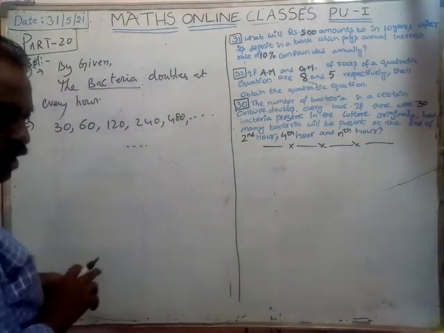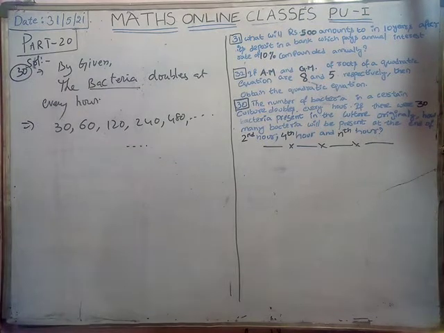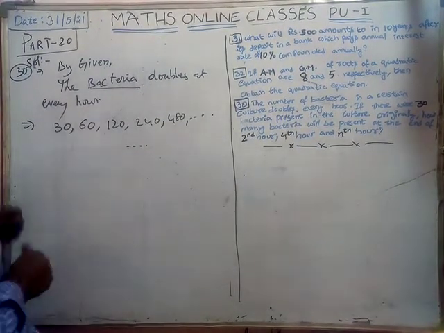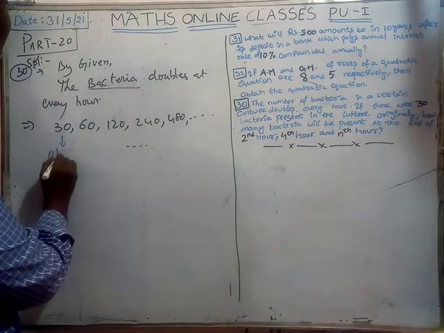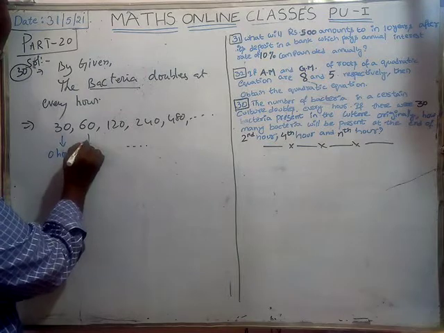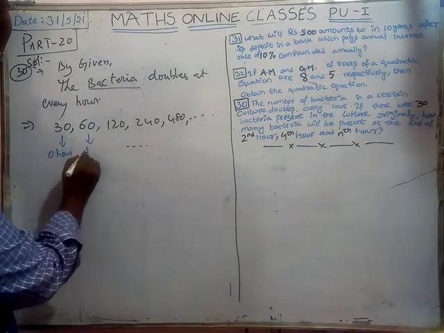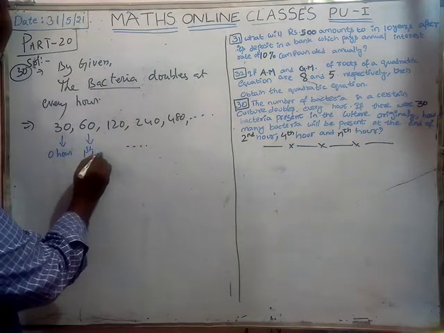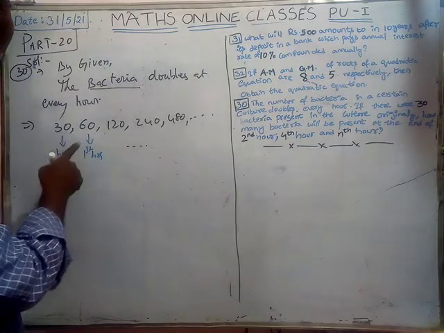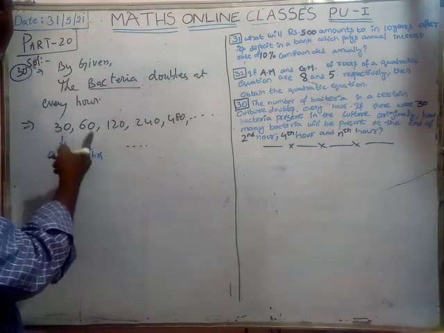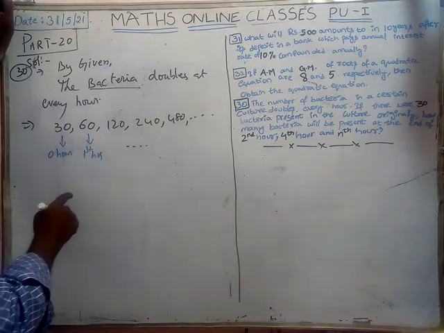But here we have to think, here only is the twist. It is 0 hour. After the first hour is completed, at the end of the first hour, it is 60.